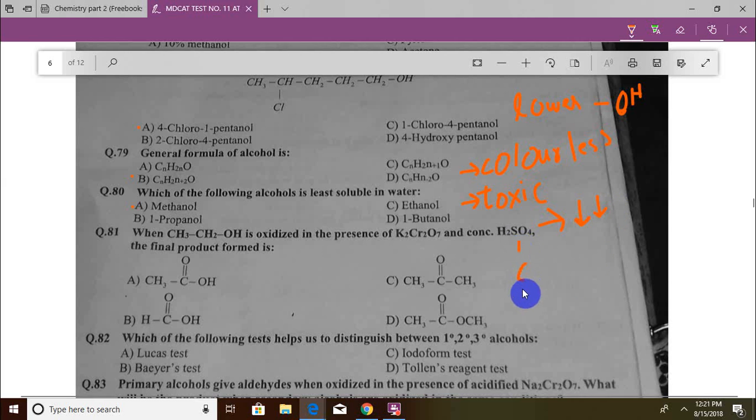CH4 and C2H6 are the first two members of the alkane family. They're both gases. However, the first two members of the alcohol family, methanol and ethanol, are both liquids, because hydrogen bonding really has an influence on their intermolecular forces.